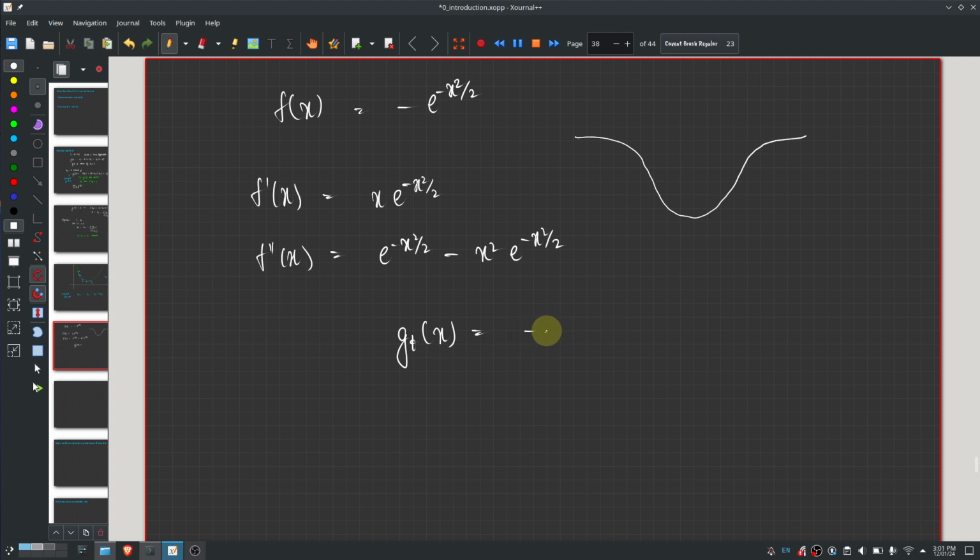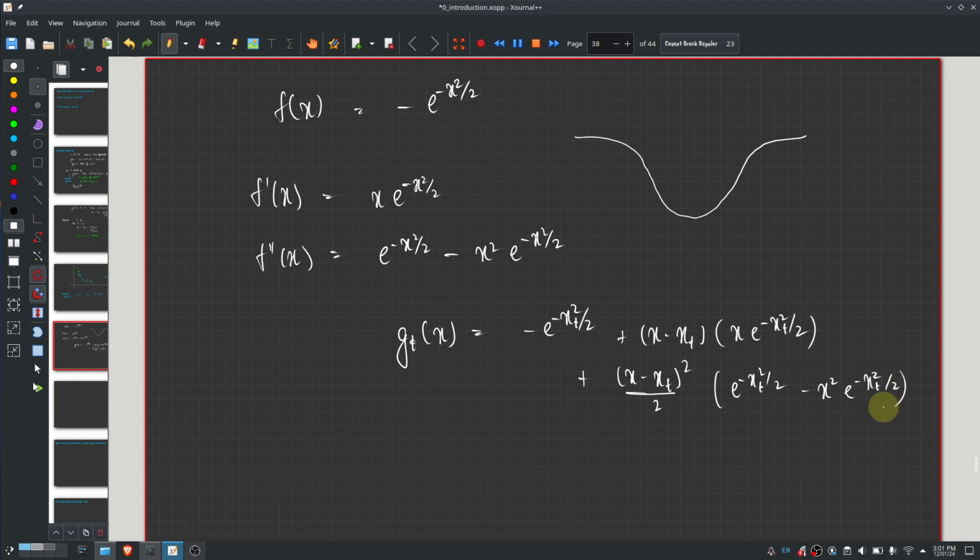This is going to be minus e to the minus x_t square by 2 plus x minus x_t times x e to the minus x_t square by 2 plus x minus x_t the whole square by 2 times e to the minus x_t square by 2 minus x square e to the minus x_t square by 2. Correct?